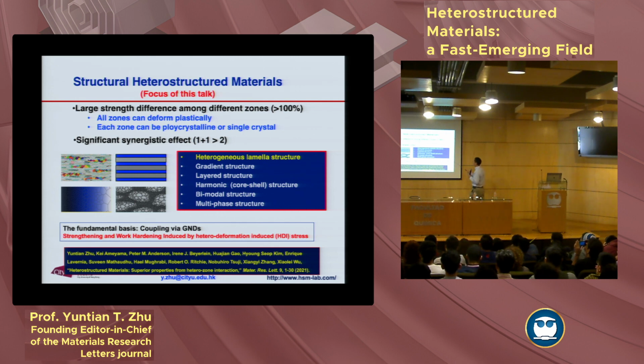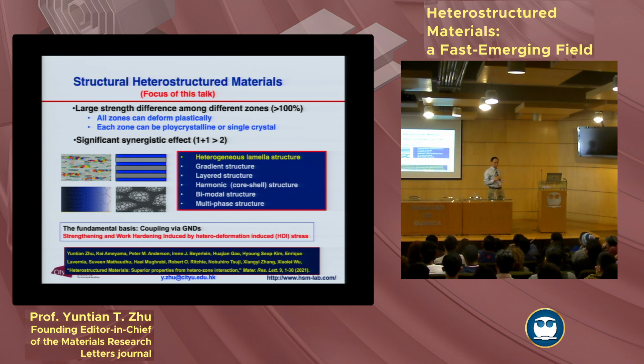Each zone can be polycrystalline or single crystal, which means it could be one grain or a cluster of grains. So it's a zone, like one area with different grain size, different composition, or different phase. And we prefer all the zones can deform plastically.